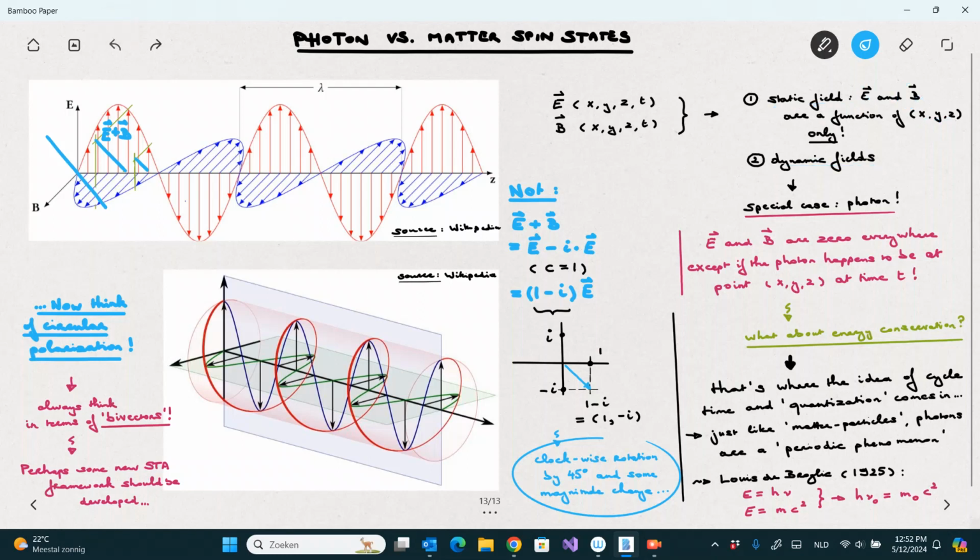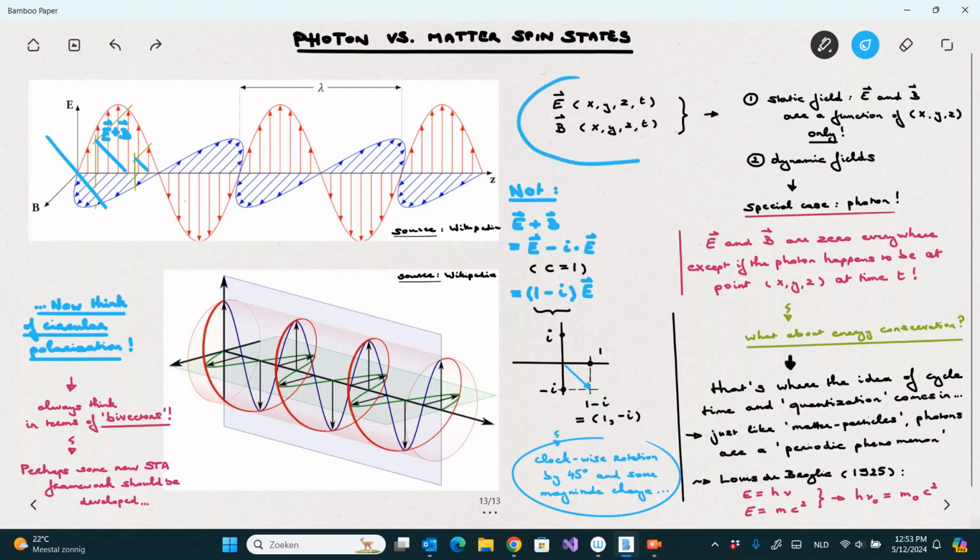So these are static fields. And then we have dynamic fields. A photon is, I would say, a special case of a quantized dynamic field. The field vectors E and B will vary as a function of time also, at some point in space x, y, z.